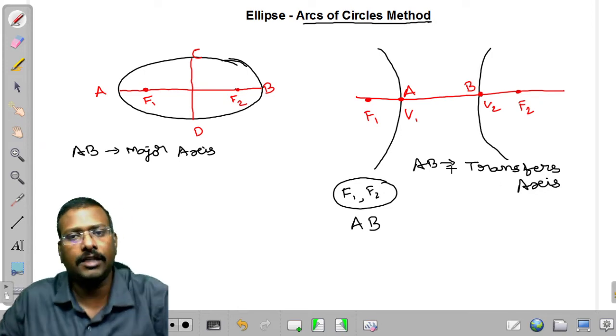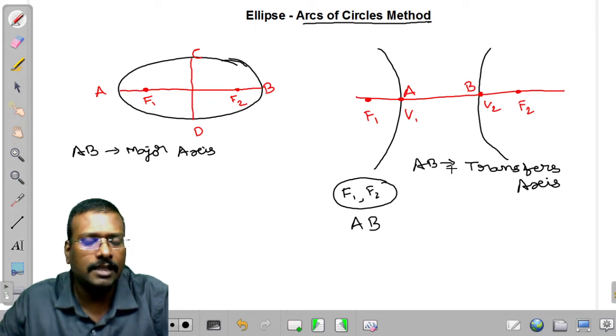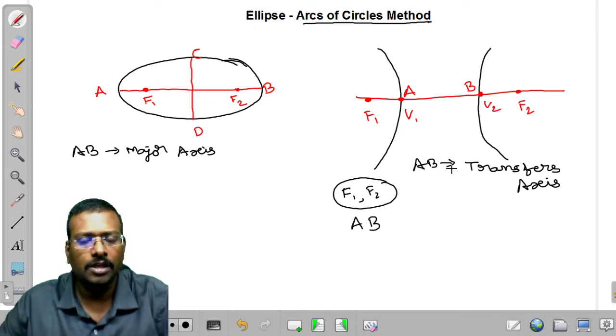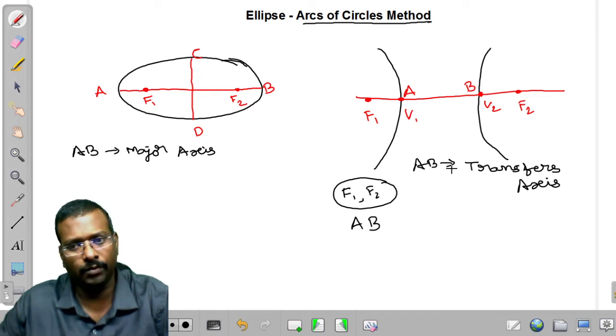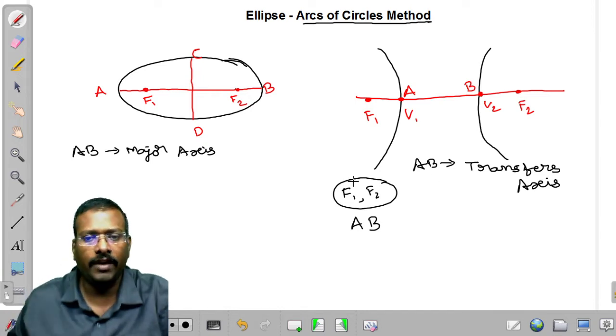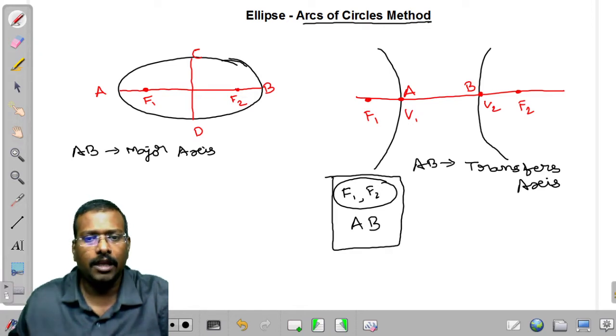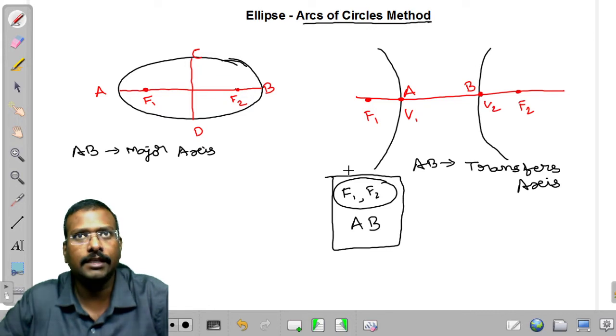Why it is called the transverse axis and why AB is considered the major axis, all this information was given in the conceptual videos. You can go through them to understand why these terms are coined.